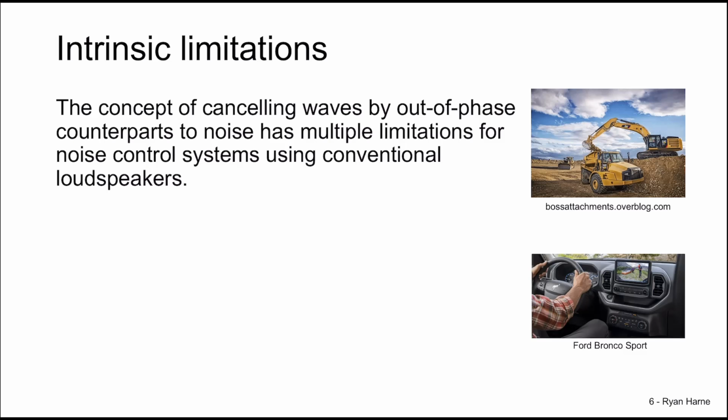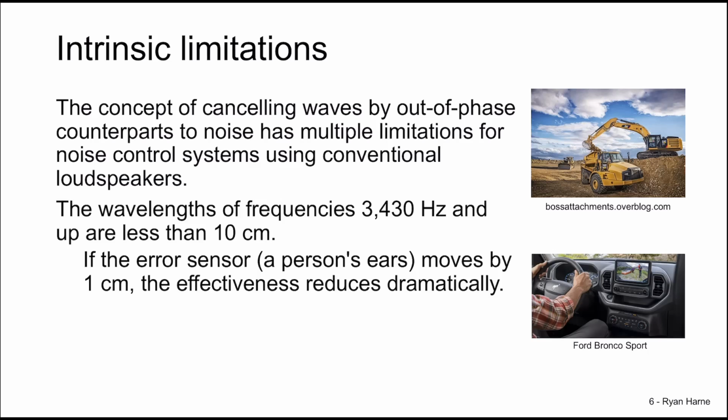But even if we follow these principles, there are still intrinsic limitations on noise attenuation through active noise control approaches. The first and foremost one is practical. For frequencies 3,430 Hz and up, the wavelengths are less than 10 centimeters. Now recalling that the distance from ear to ear is approximately 18 centimeters for the average human head.